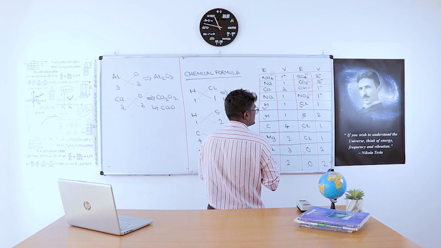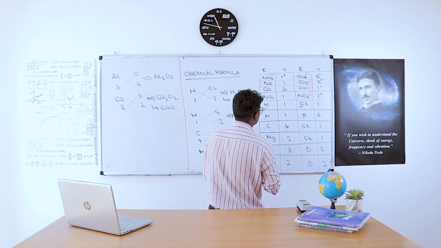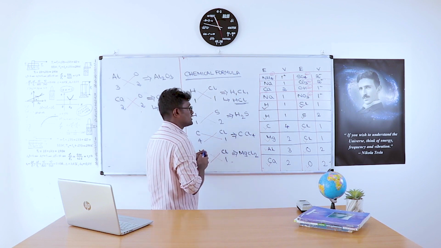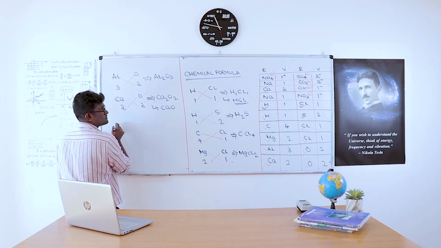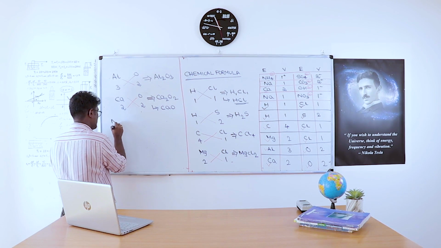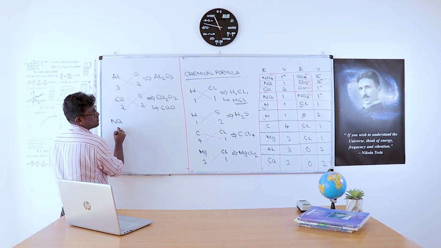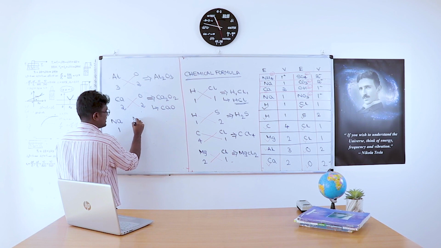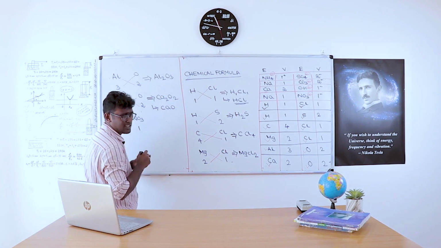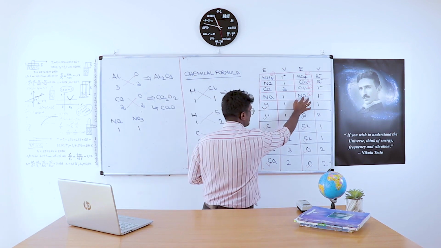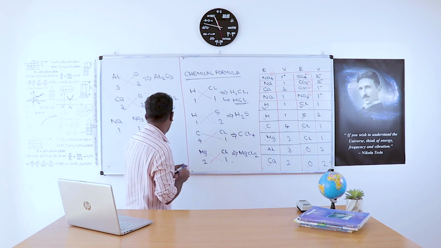Next we have to write the chemical formula of some compounds. Like that, we consider sodium and NO3, nitrate. Sodium, the valency is 1. Nitrate, the valency is 1 minus, that means it is charged. It's an ion, therefore the charge is mentioned as 1 minus.